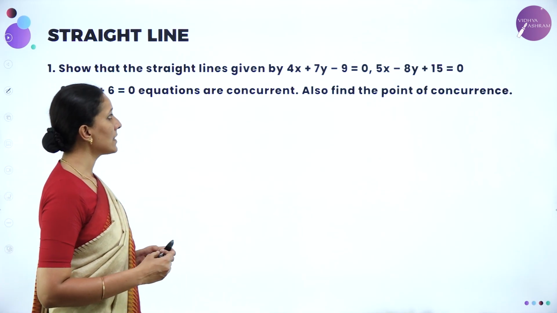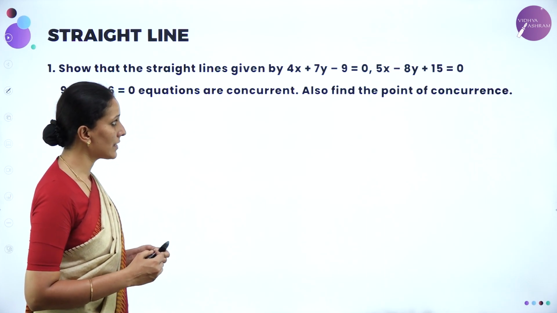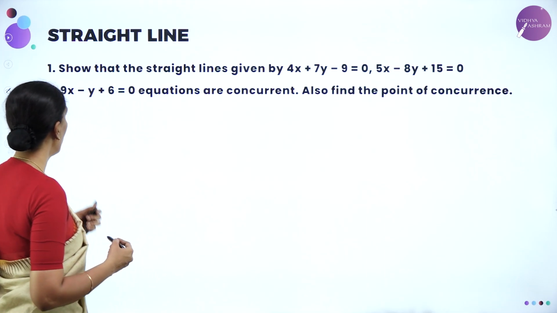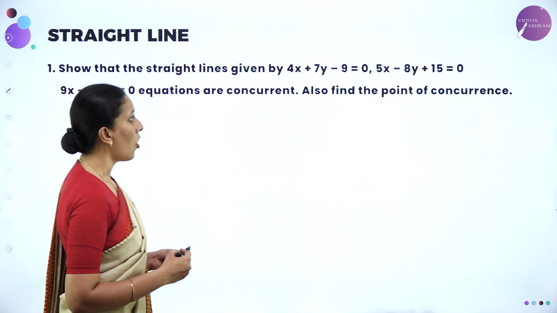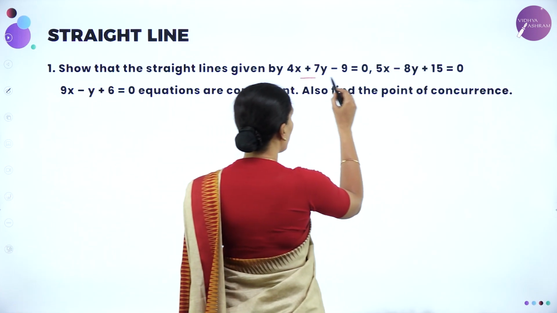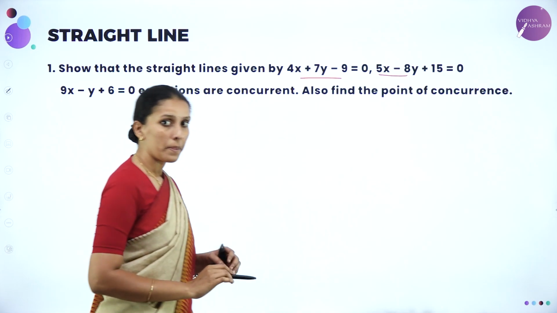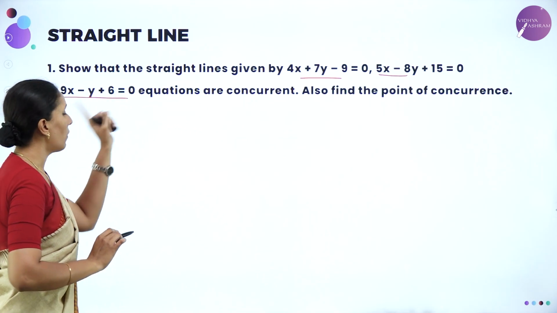Show that the straight lines given by 4x + 7y - 9 = 0, 5x - 8y + 15 = 0, 9x - y + 6 = 0 are concurrent. Also find the point of concurrence. See, if we find the point of intersection for two of these lines, and if we substitute that point in the third equation, it should equal 0.